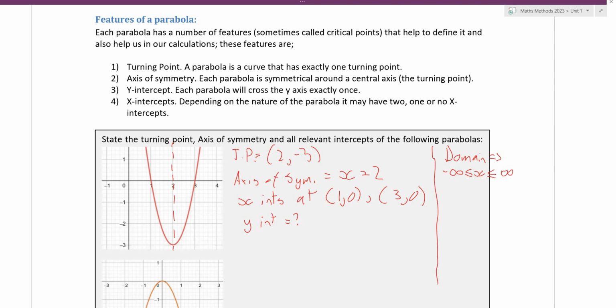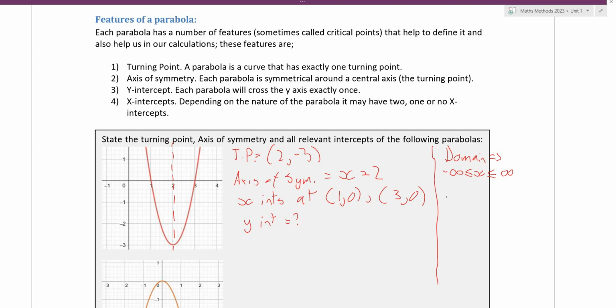Are all y values possible for this function? Where would the cutoff for the y values be? Can this function ever go below negative 3?